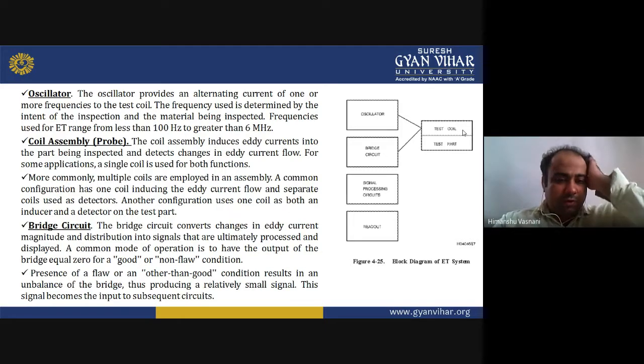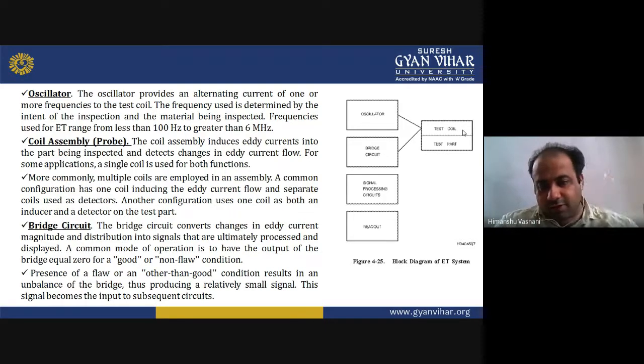The presence of a flaw or an other than good condition results in an unbalance of the bridge, thus producing a relatively small signal, and this signal becomes the input to subsequent circuits.